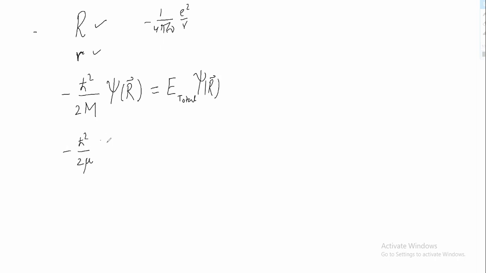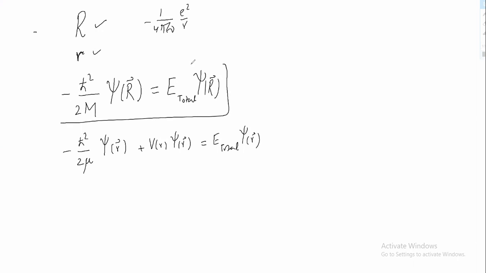And the other equation you will get in terms of the reduced mass will contain the interaction potential. And this is the equation for a free particle. Since here the particle is bound, we don't talk about this free particle equation.